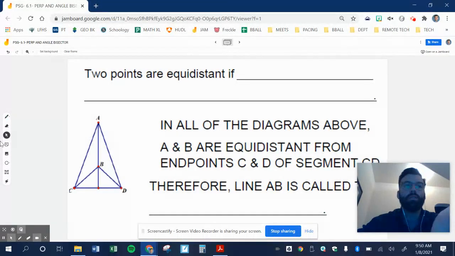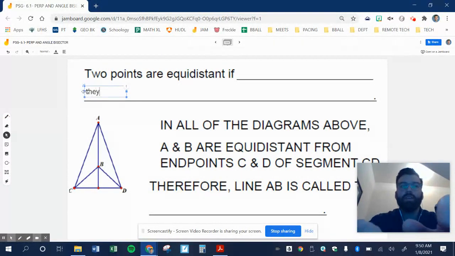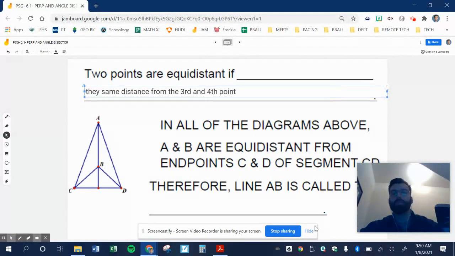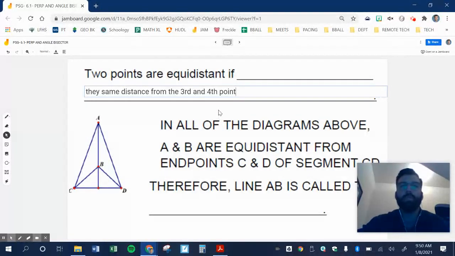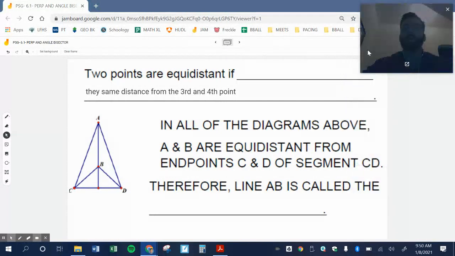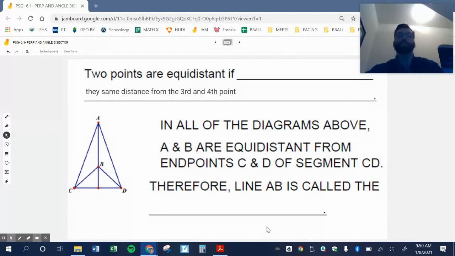All right. So 2 points are equidistant if they are the same distance from the third and fourth point. So in all diagrams above, A and B were said to be equidistant from endpoints C and D of segment CD.